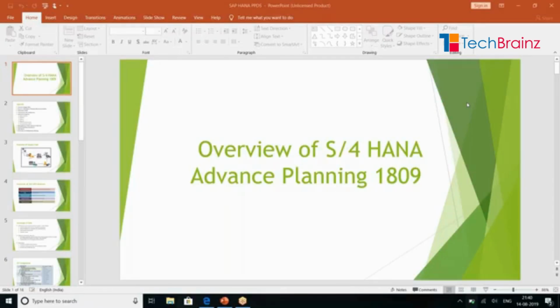Now, considering HANA, out of all this, only production planning. I am on the second screen actually, the overview of SAP APO models. Is the screen visible here? No, we cannot see. We're able to see only the first slide, overview of S4 HANA.